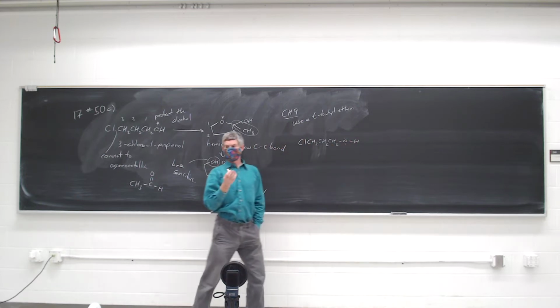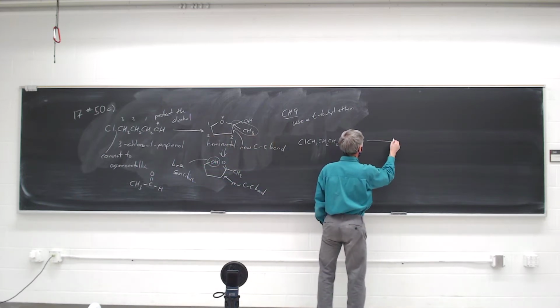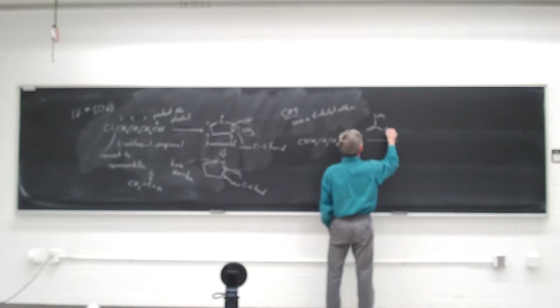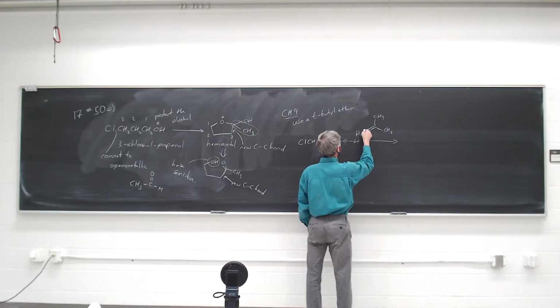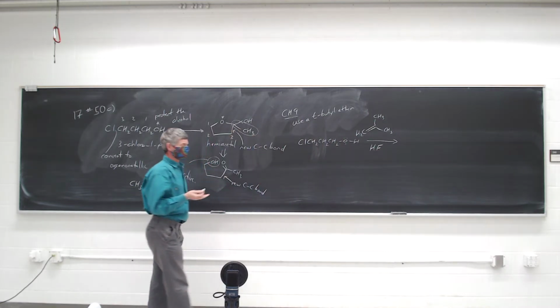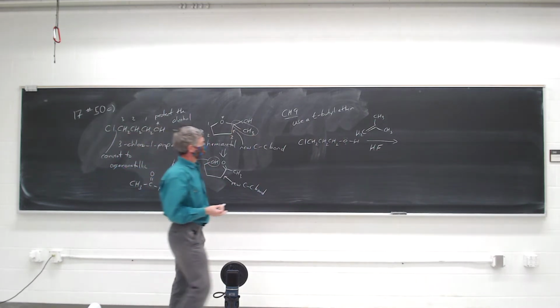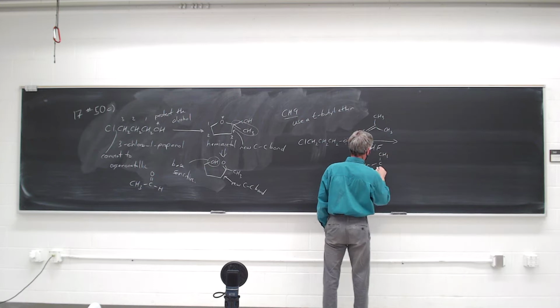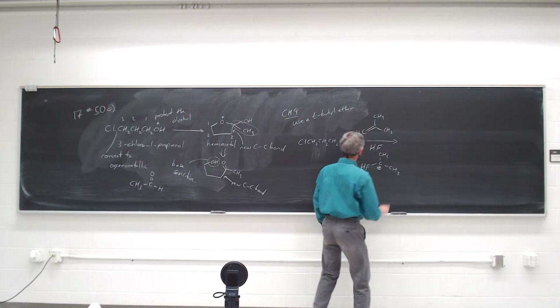So if I take this alcohol and I treat it with isobutene, and usually HF, because fluoride is not a great nucleophile, which means that when I protonate this, the fluoride isn't going to compete.